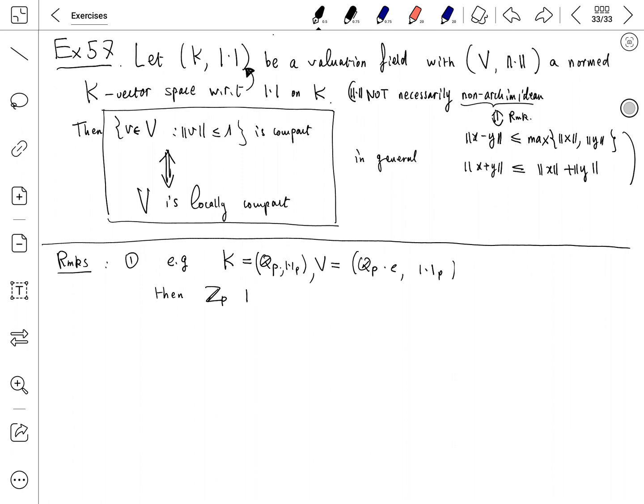I'm not going to put anything different than just this. You could fix a basis, but then the topology I would basically just define via the coefficient.